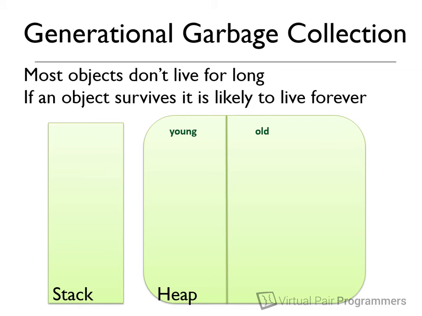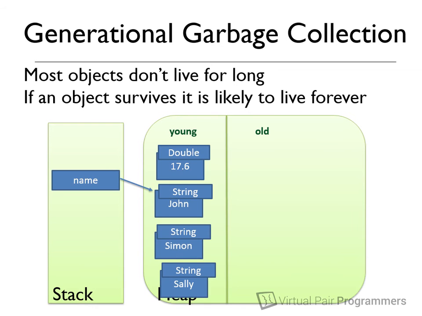New objects are created in the young generation space. The young generation will fill up quite quickly as it's small. When it's full, a garbage collection takes place, but only on the young generation. Because most objects don't survive for long, the young generation, which is full of new objects, is probably mostly garbage. So the process to garbage collect the young generation should be very quick.